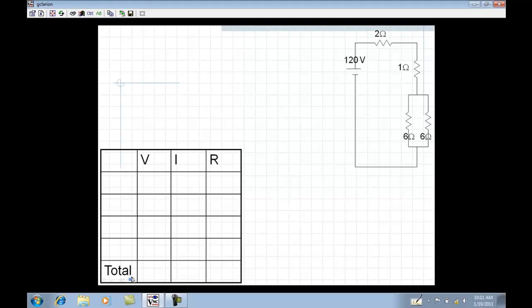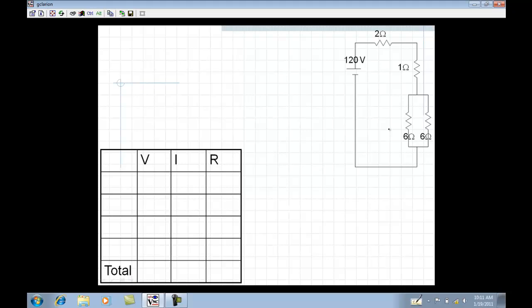So this is the final setup on the final page of your notes there. So there's our circuit. It's set up in a very interesting way. The first step is to draw a vertical version of that.